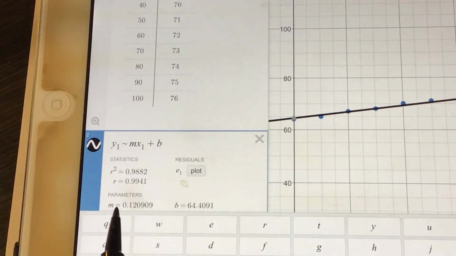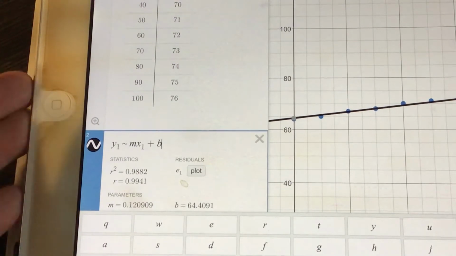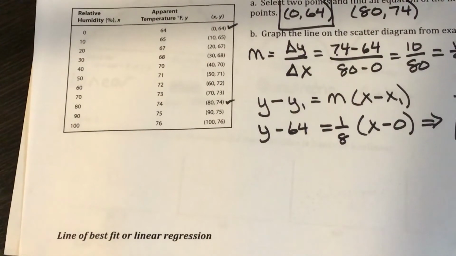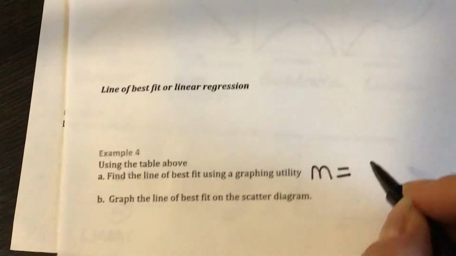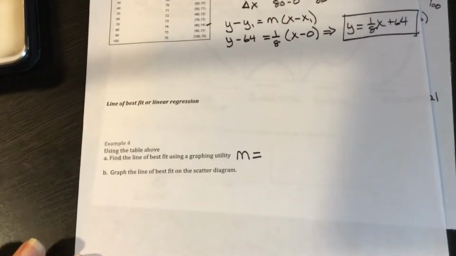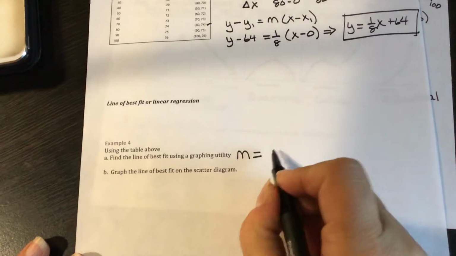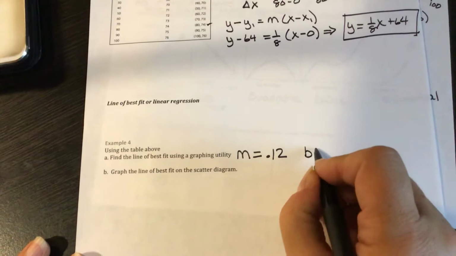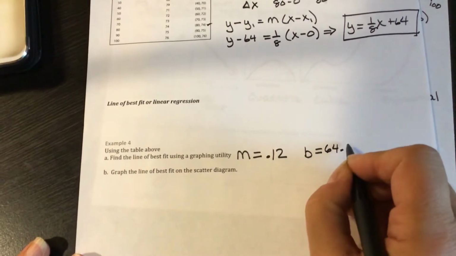And the equation that they give me has a slope of 0.12, which I'm going to round off, and a y-intercept of 64.4. All right, so I'm going to write that down. My slope was 0.12 and my y-intercept was 64.4.